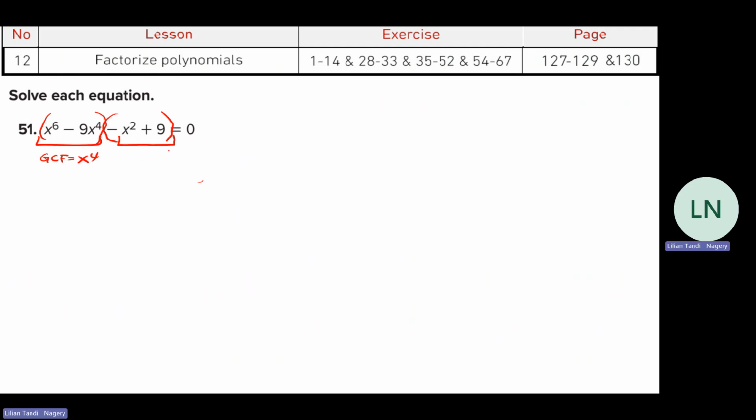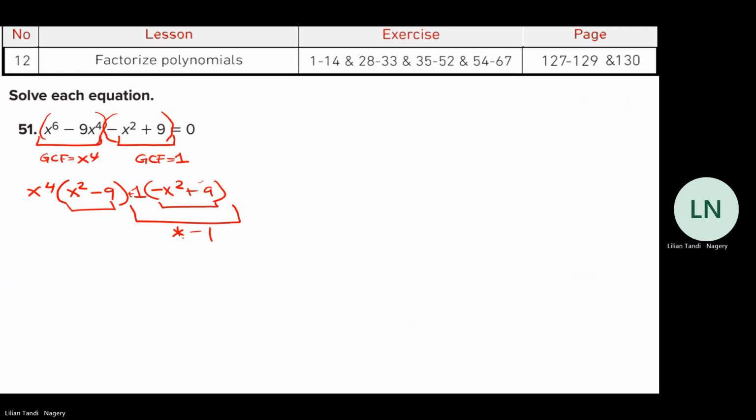And the GCF here was 1. So x to the 4th power goes outside. I will have x squared minus 9. And then here, I'll have 1, which is positive, and then this will be negative x squared plus 9. I notice that these two brackets are not the same, so I will multiply this with negative 1.